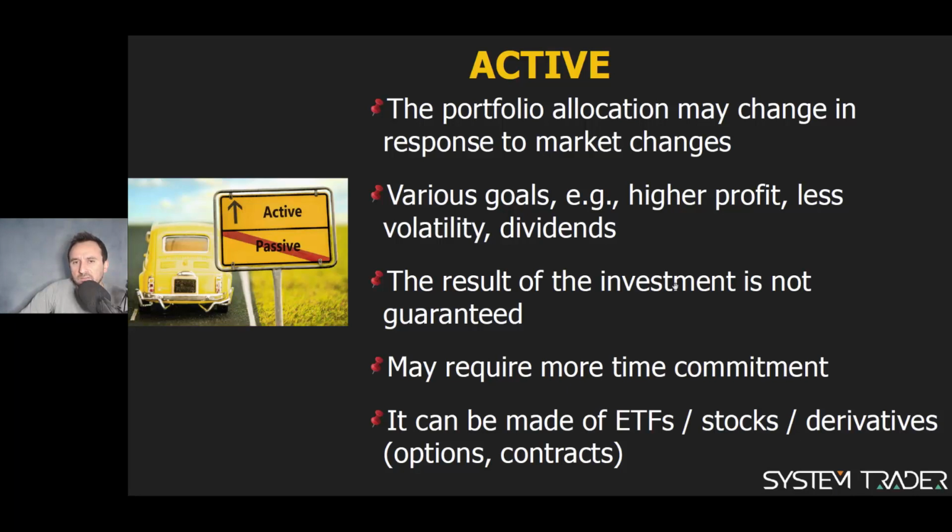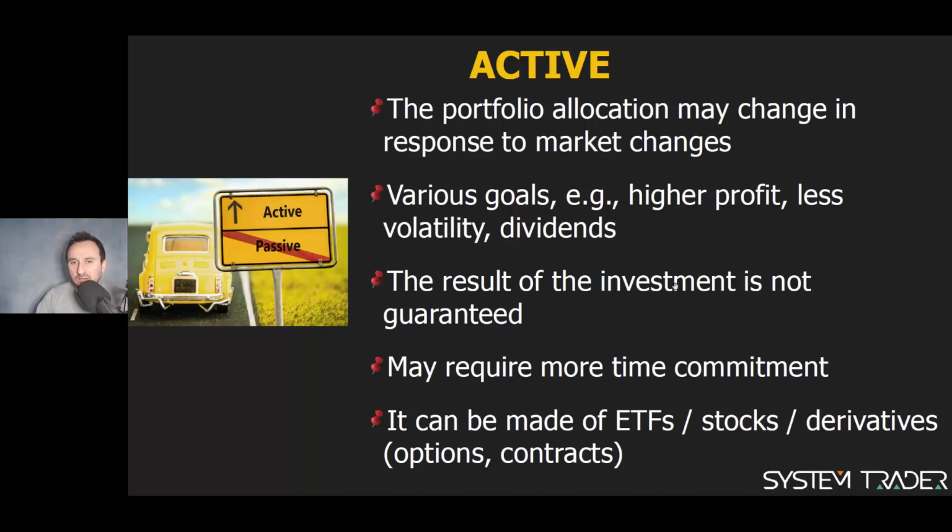But the problem with the active approach is that the result of the investment is not guaranteed. And by the way, nothing in investing is guaranteed. But with the active approach, you have that risk that your investment will have a worse performance than the whole market. So quite often you will look different.